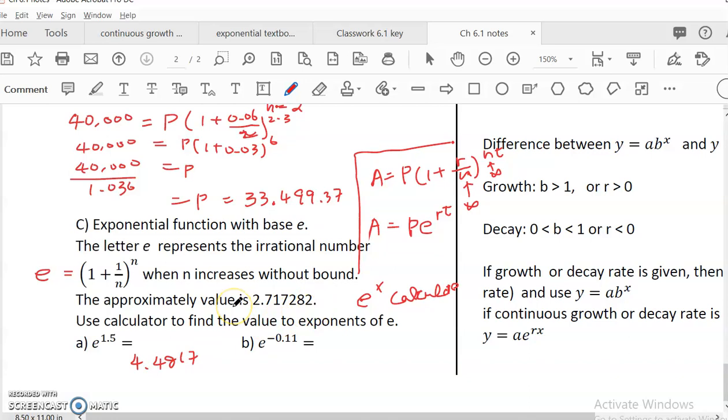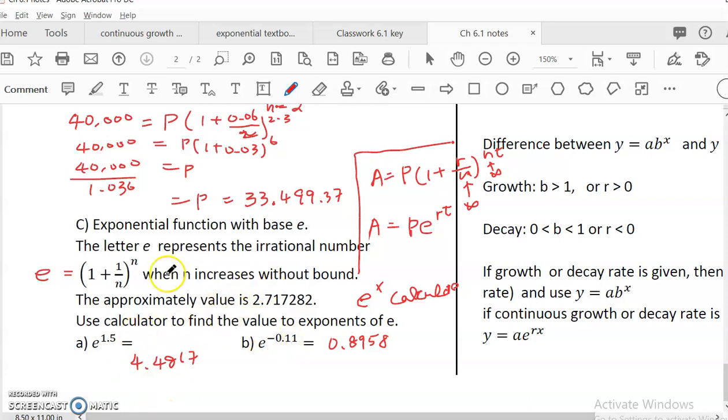Let's round to 4 decimals. I can also do an exponent like e to the negative 0.11. You can do a negative exponent because that's just 1 over something, the reciprocal, 0.8958. So learn how to do this in your calculator. So they are valid numbers that you can use.